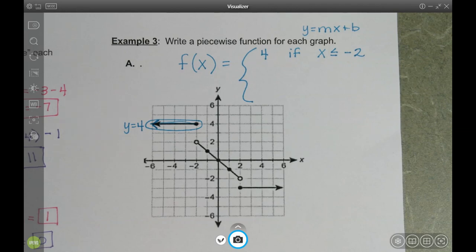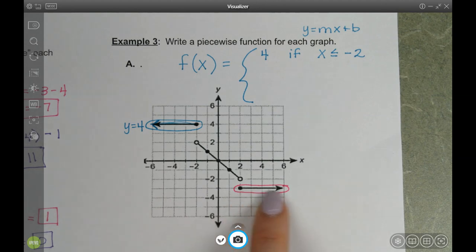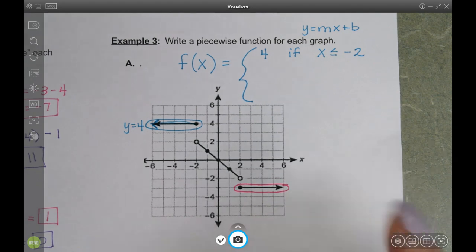Okay, I'm going to do that same thought process on this piece down here on the far right. For this piece right here, it's a horizontal line, so my slope is 0. So it's just going to be y equals a number. What's the y value for all of these points on this line? -3.